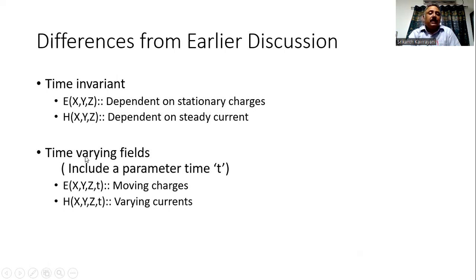But if we are taking the time varying field, we would have to include a parameter time t, which makes us consider the electric field in terms of the moving charges in the magnetic field by considering varying currents. This is a basic difference in the way we analyze time varying fields and time invariant fields. The static fields will not have the time parameter which we include in the time varying fields.